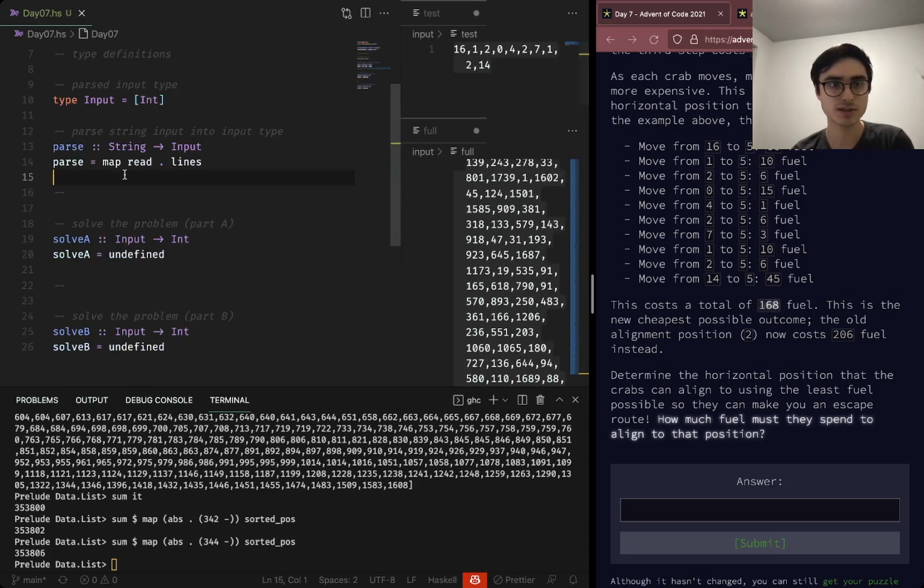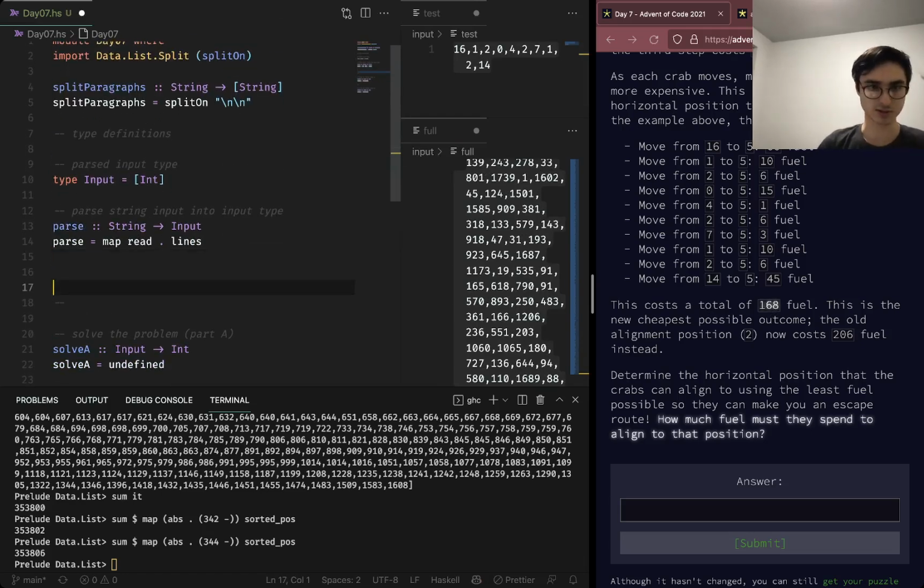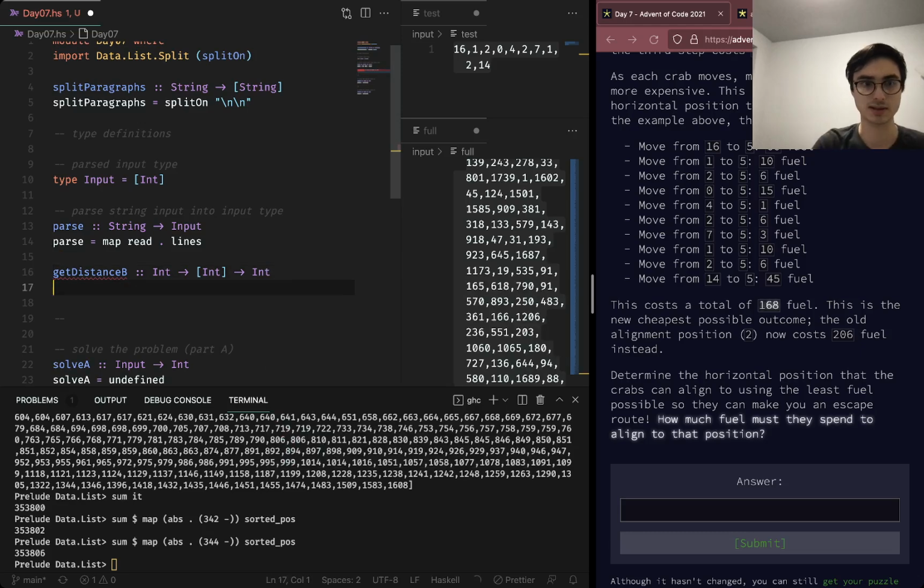Okay, so let's write a few functions. So get distance, we'll take a list of ints. I guess this is just get distance, and it'll return the list.